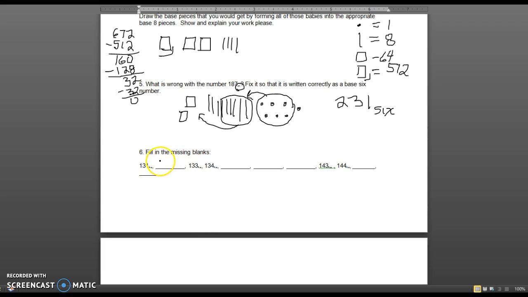So I am going to write what comes after 131, and that is 132, 133, 134. Now the next number, and I'll write this and then I'm going to cross it out, would be 135. But that's not correct because I'm in base 5, I can't have a 5. So instead this group of 5 comes over here and is counted in the 5s column. So it's 140.